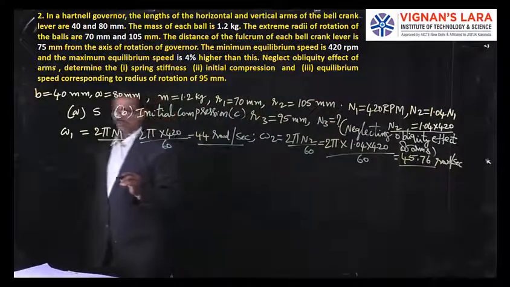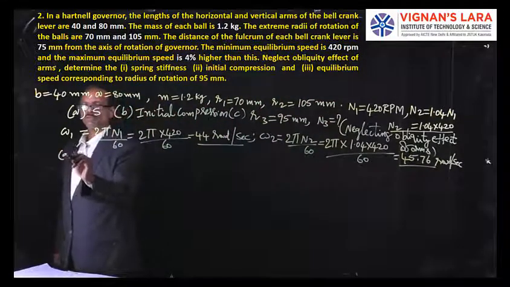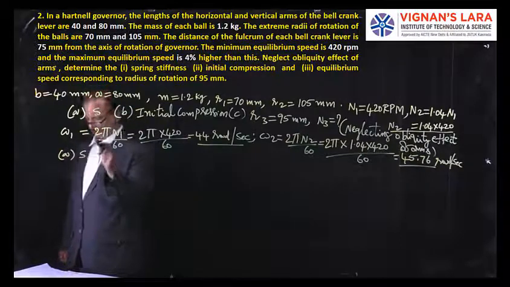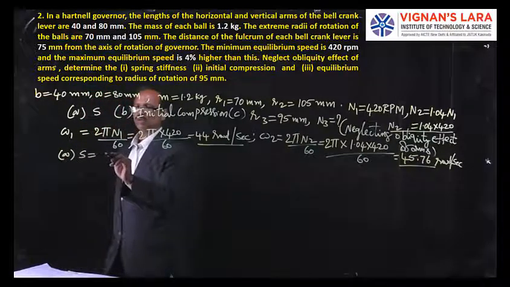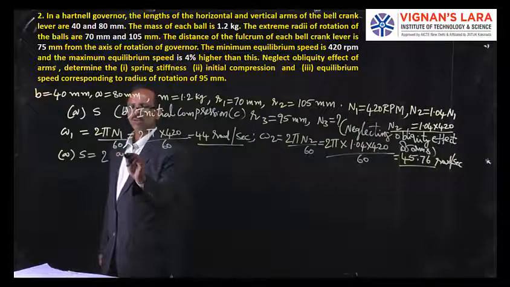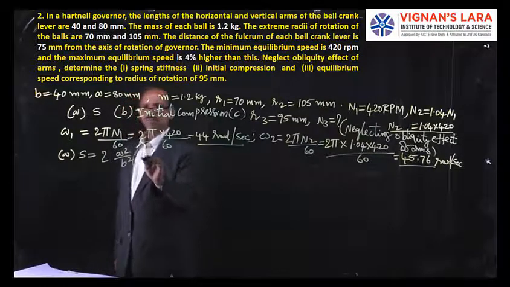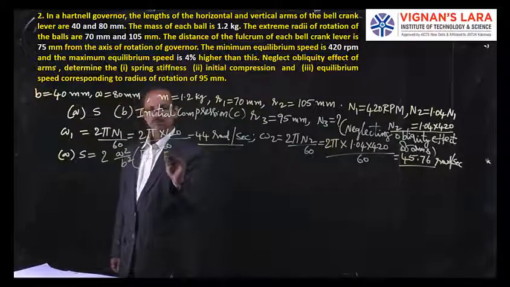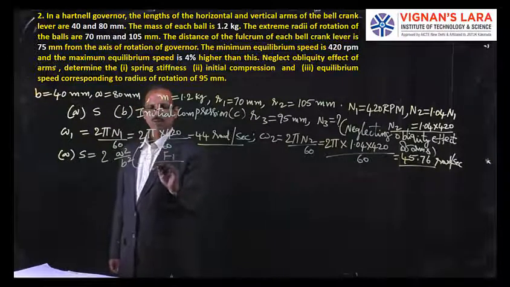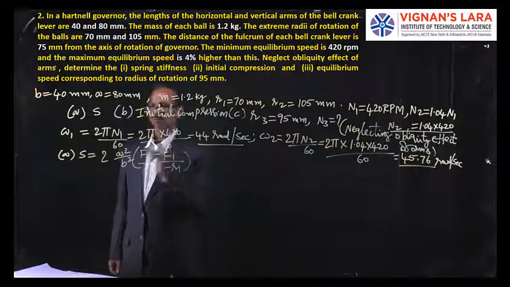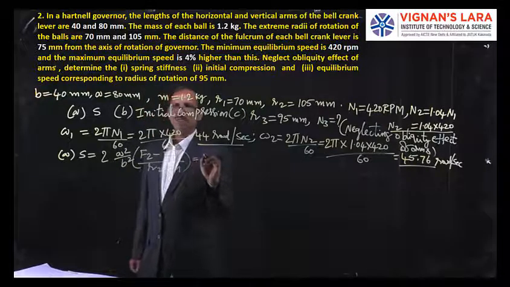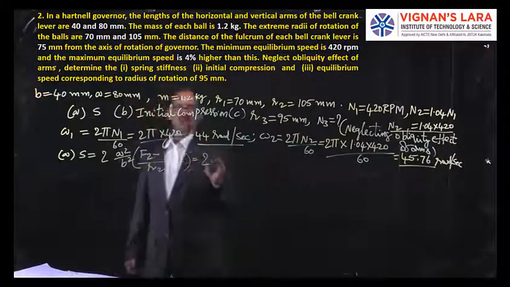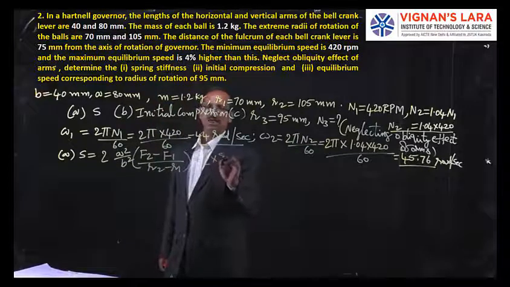Okay. So what is the first part of the problem? Stiffness of the spring. We know stiffness of the spring is equal to 2 into A square by B square into F2 minus F1 by R2 minus R1. So let me write A and B values, which are known, 80 by 40.